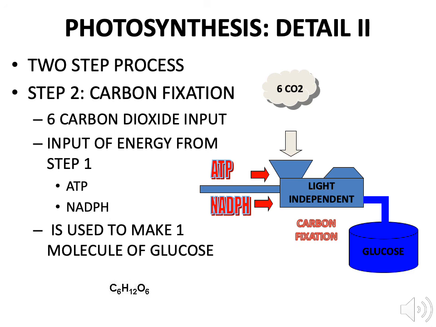So I've got 6 carbon dioxides input, 6 carbon atoms coming in. I have an input of energy from step number one, remember, in the form of ATP and something called NADPH, 2 energy-rich compounds. They contain the energy found in the sunlight that we absorbed in step number one, and I put those carbons together with those energized electrons, and I can make one molecule of glucose.